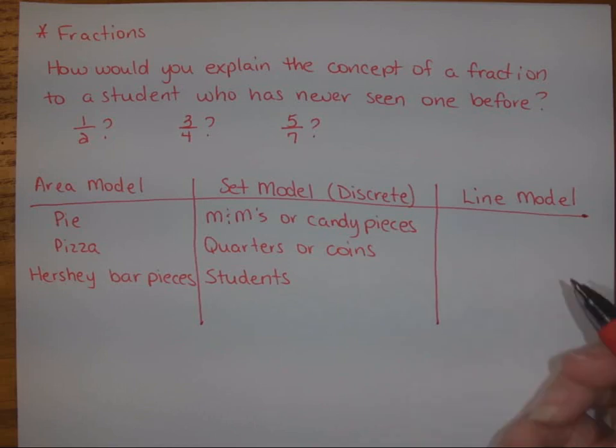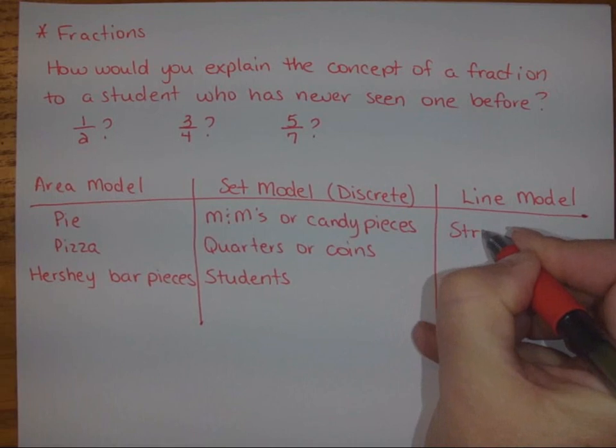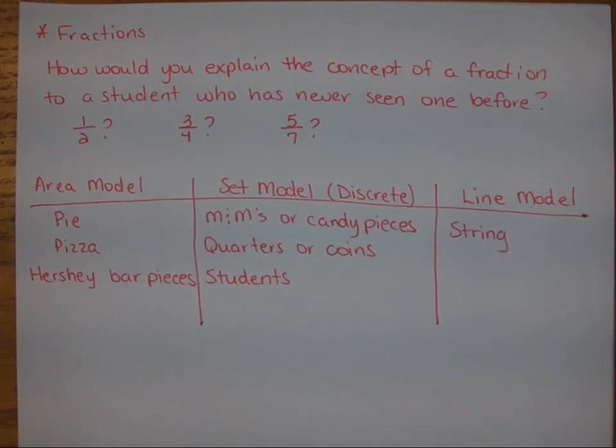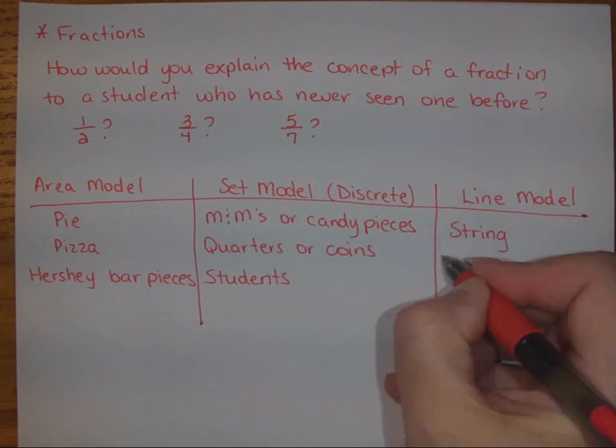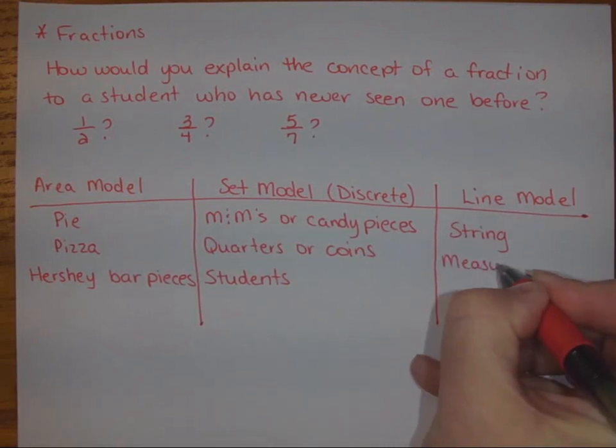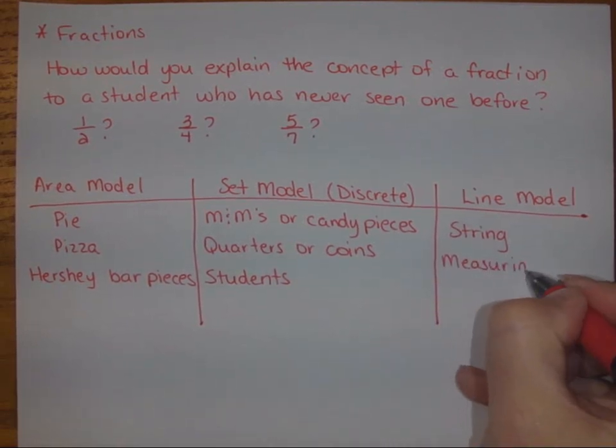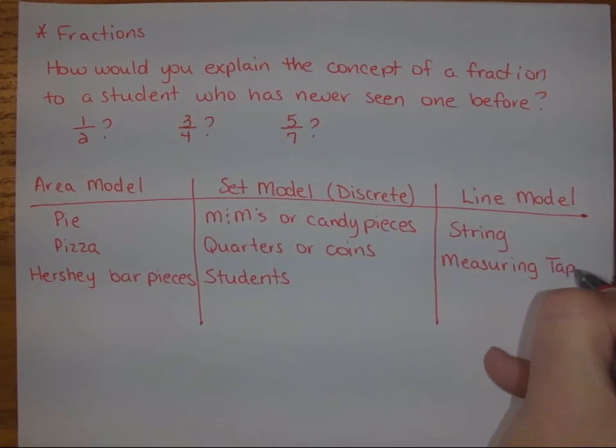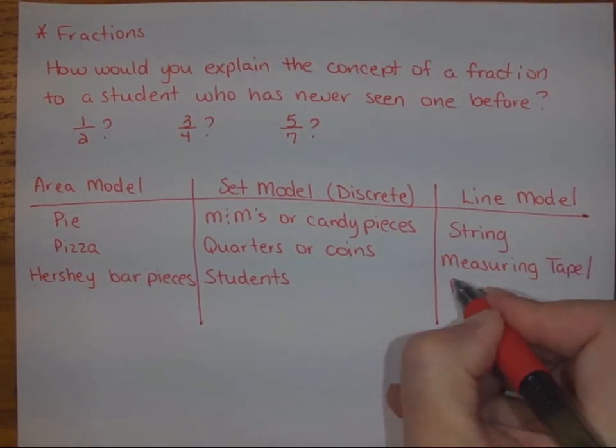And then for a line model, that is where you're going to be either folding or cutting or splitting in some way a line up into equal sized pieces. So often teachers will use a string for that because you can fold it, you know, yarn, something like that. You can also use measuring tape or a ruler for students a little older or where you've talked about measurement in some way.